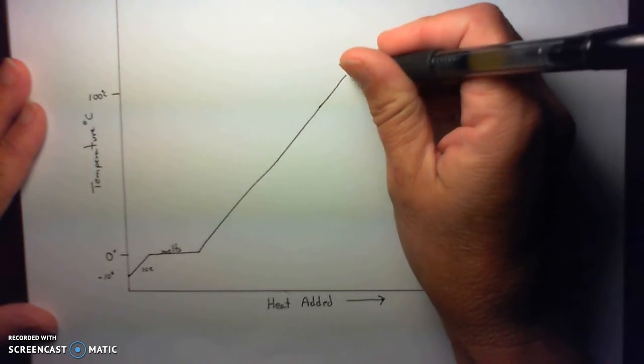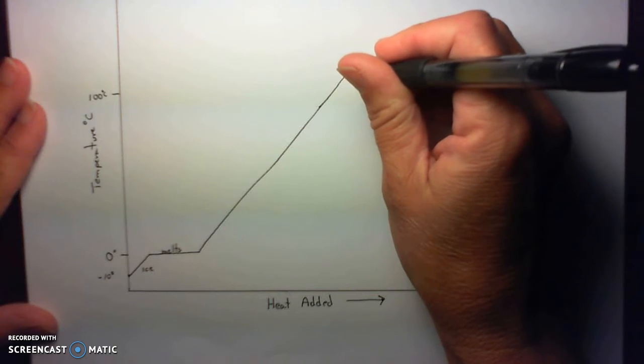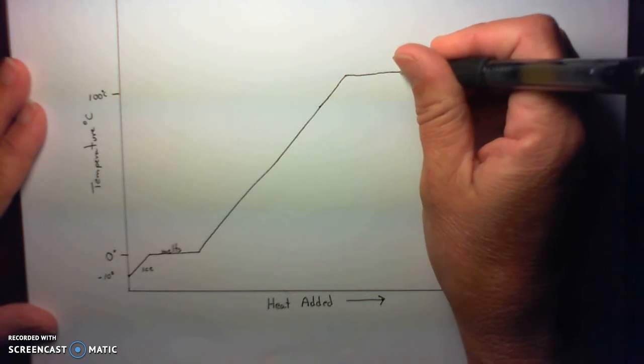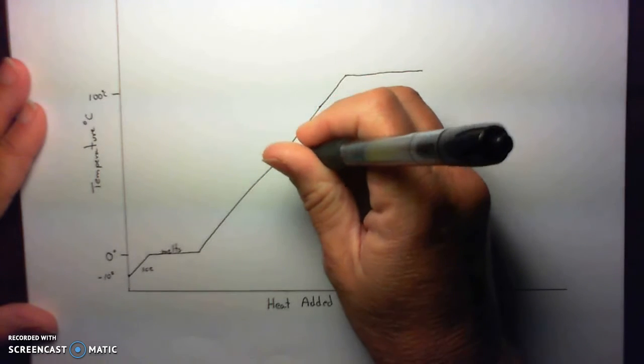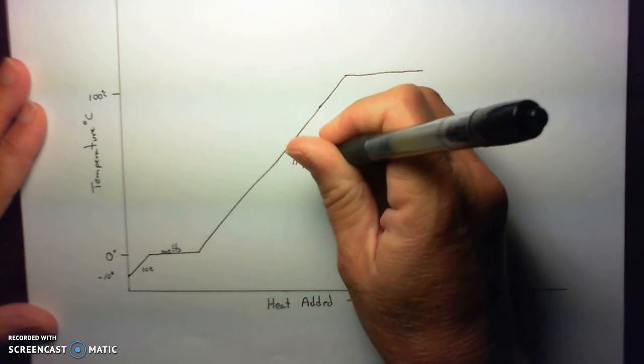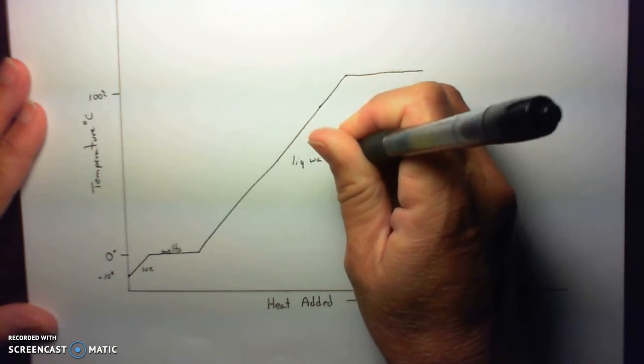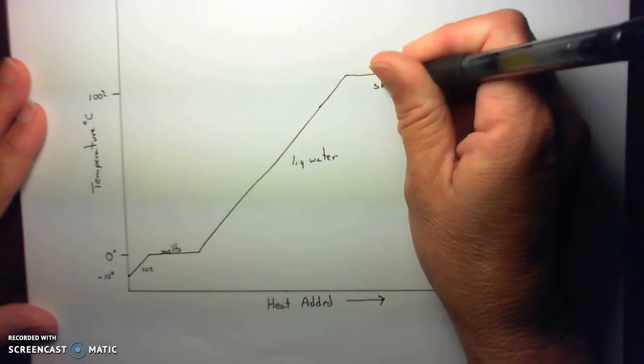At 100 degrees, steam starts to form. And again, the temperature will level off. So this is liquid water. Here we have steam being formed.